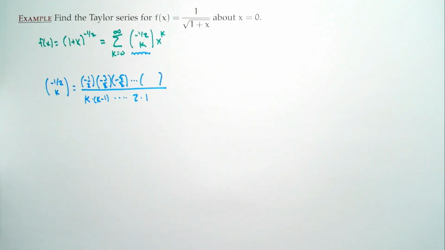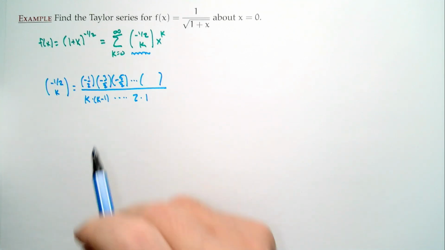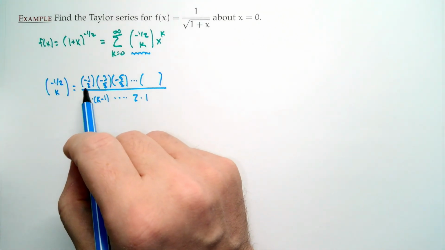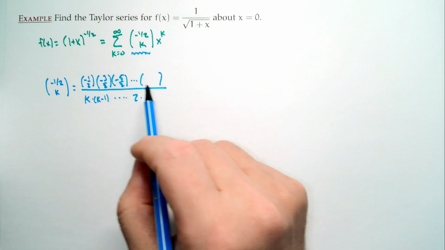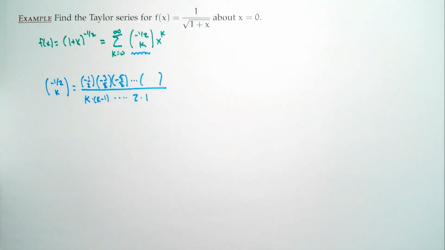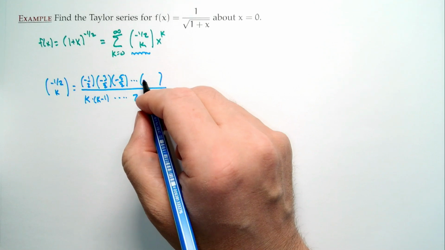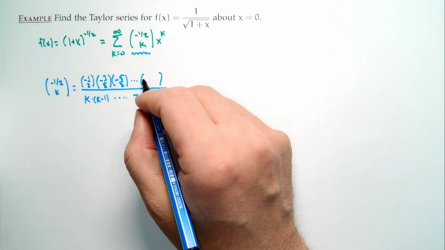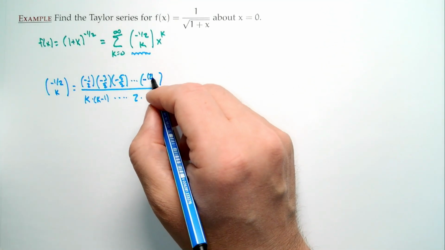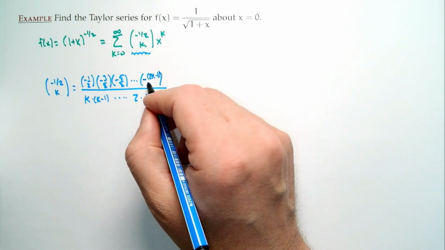Now, we got to make sure we get to the right term at the end. So, what would the right term be? Well, I want to end up here with a total of k terms on top. So, I claim that this is going to be minus (2k minus 3) over 2.